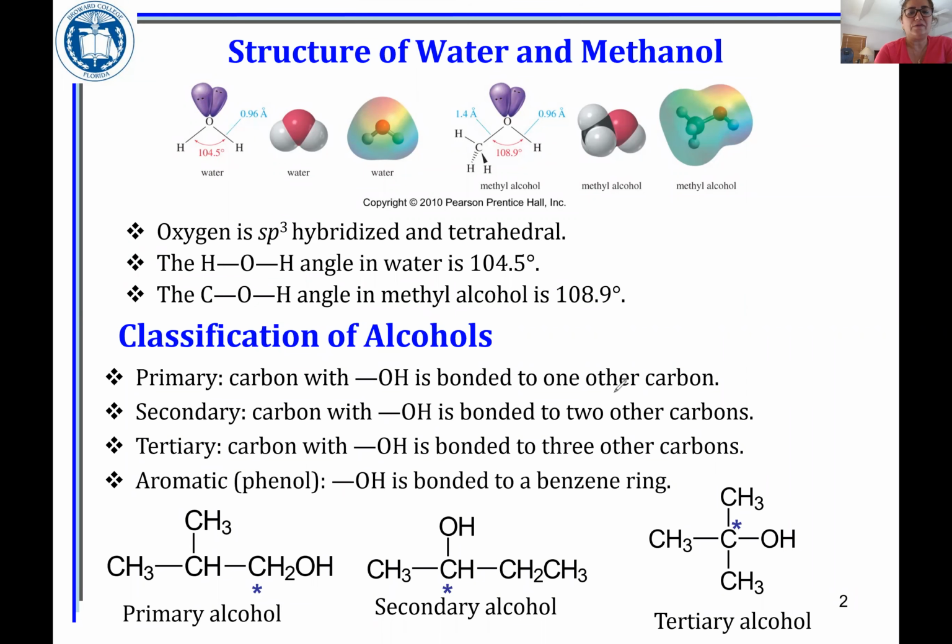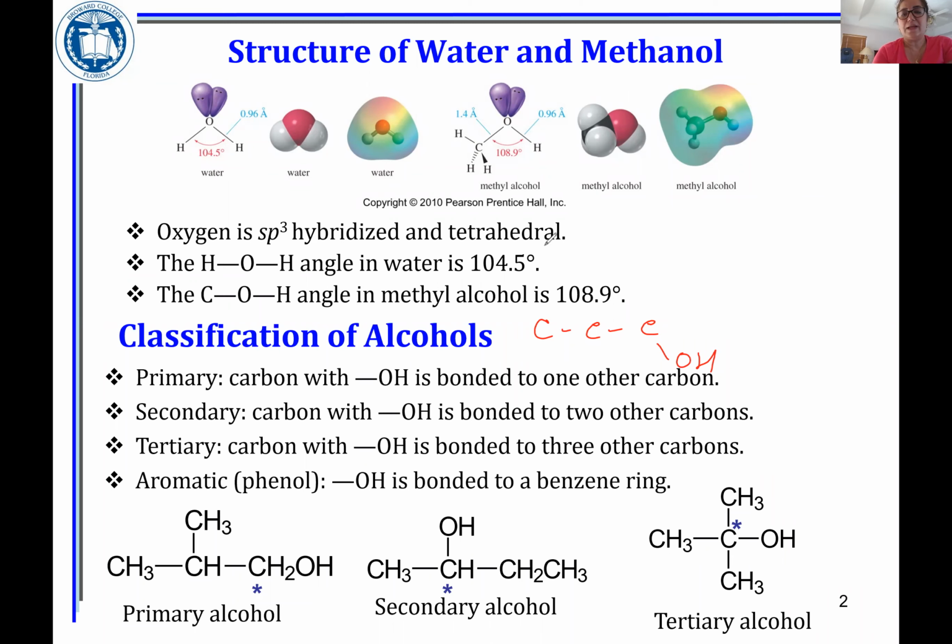The functional group for alcohol is OH. The OH is attached to a carbon. So if you have a carbon that carries the OH functional group, the compound classifies as alcohol.